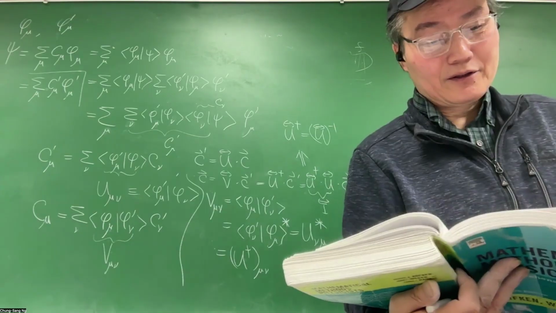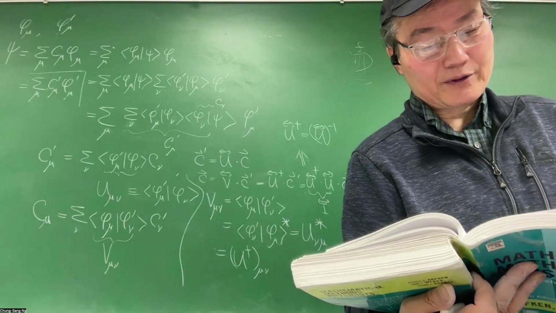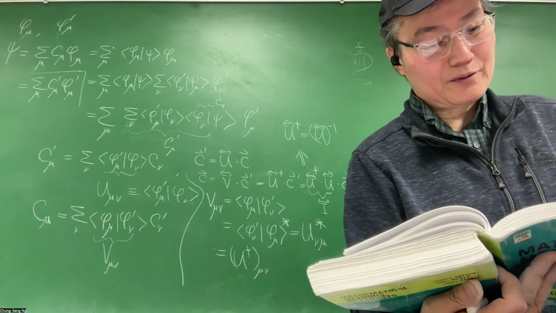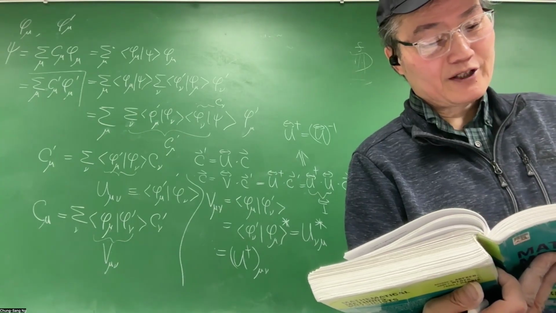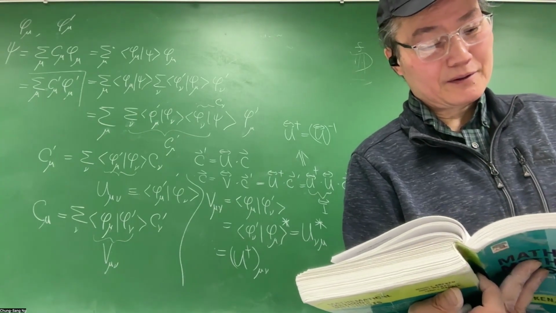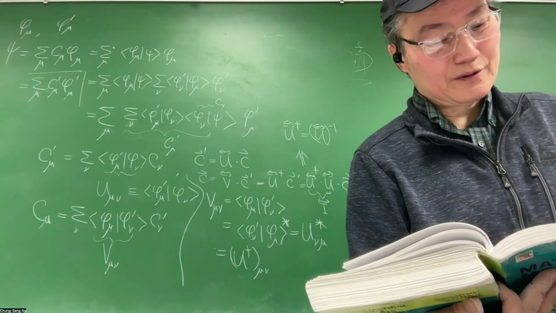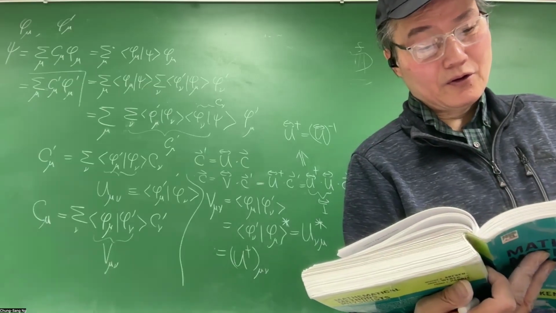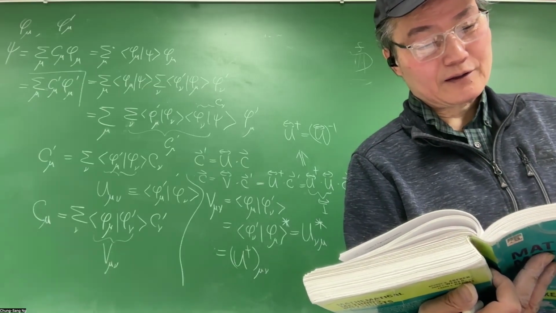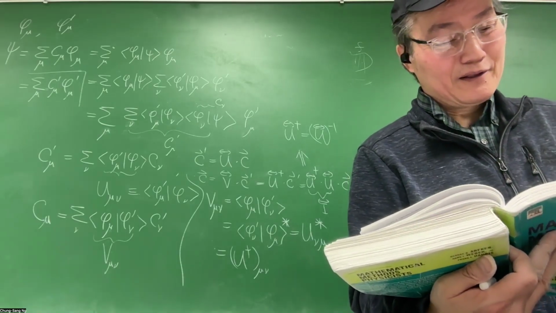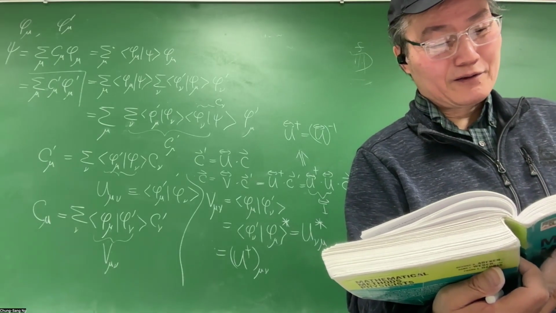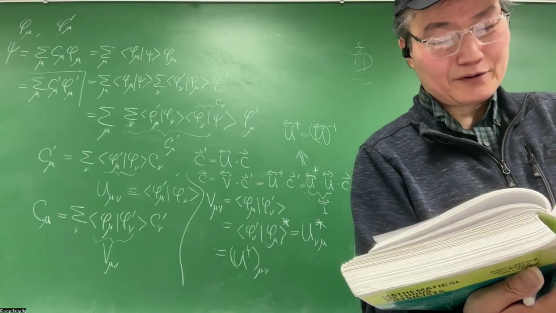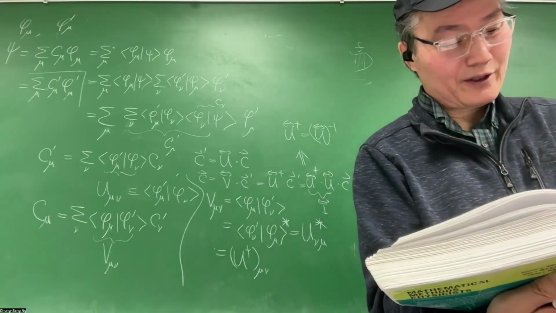This example, I'm talking about 5.5.1. If you have your textbook, you probably want to correct some sign errors in the matrix representation of U. Basically, all the i's have the wrong sign. I don't know whether they corrected it in newer printings. So just be careful when you read it or do your homework problem.